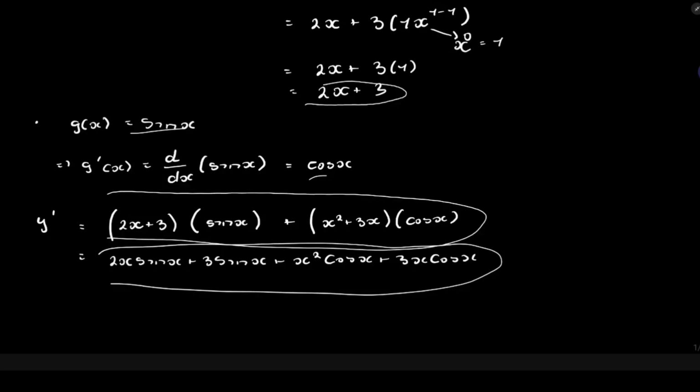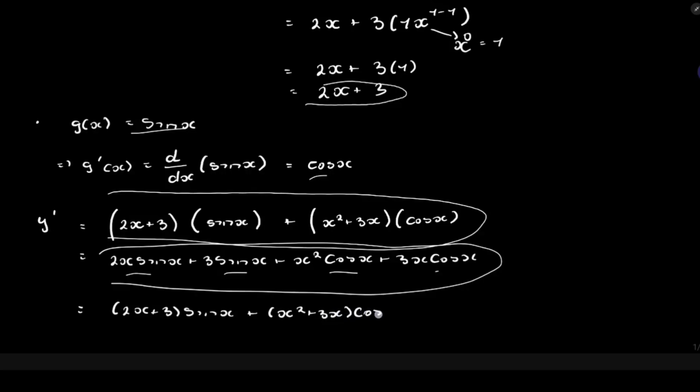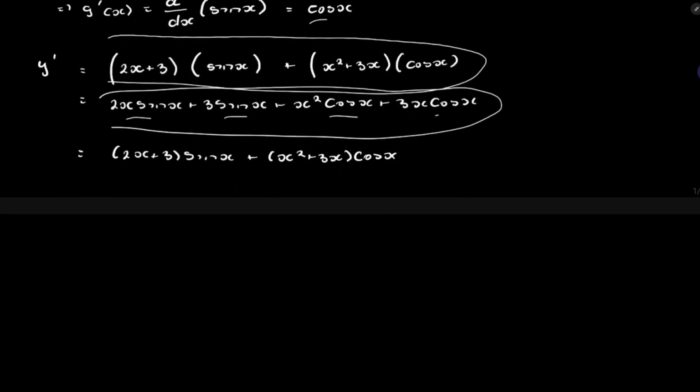The first thing we notice is this expression cannot be simplified. Why can't it be simplified? Because each and every one of the terms are unlike terms. This leaves us with 2x plus 3 sine x plus x squared plus 3x cos x, and this can be identified as the simplest form of our equation. This leaves us with one conclusion.